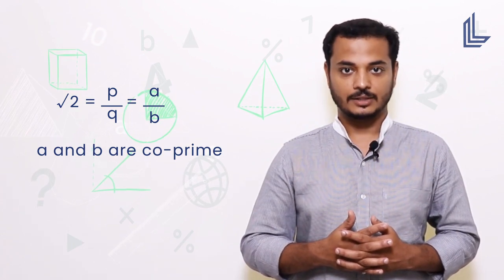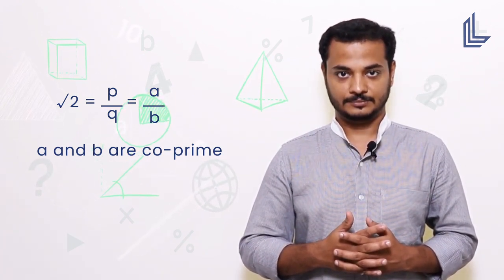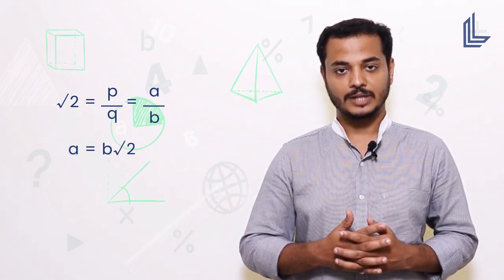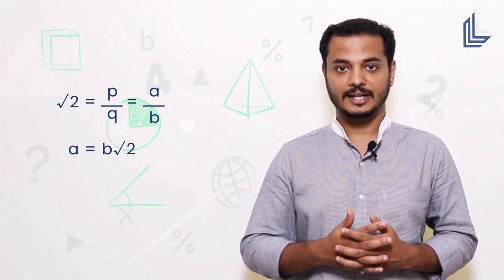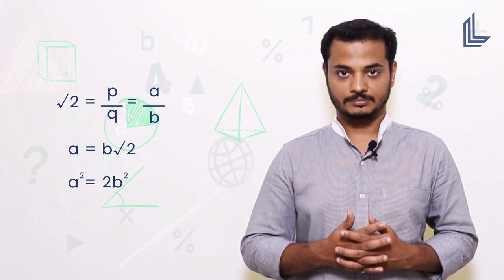So we can write root 2 as root 2 equals a by b. In other words, we can write it as a equals root 2 times b. Now what happens if we square it? We will get a square is equal to 2b square.